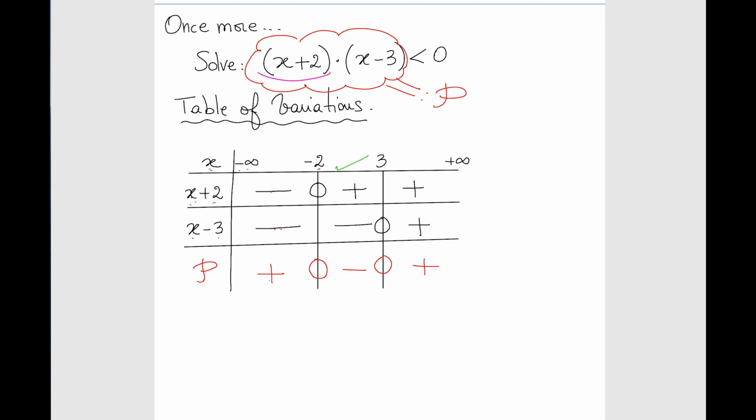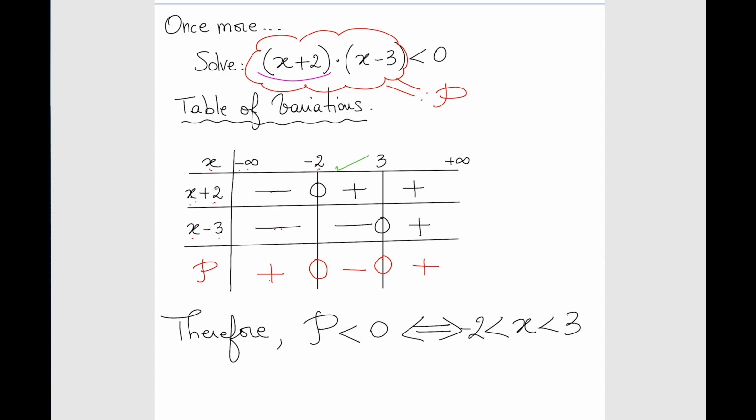So the conclusion is, from the information that we embedded in this table, we can say that P is negative if and only if x is between minus 2 and 3. As found before.